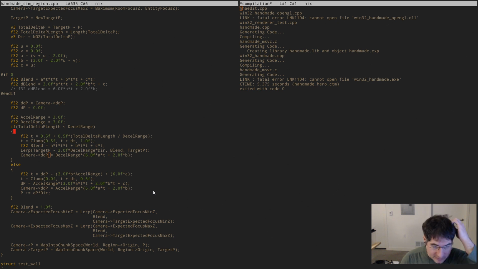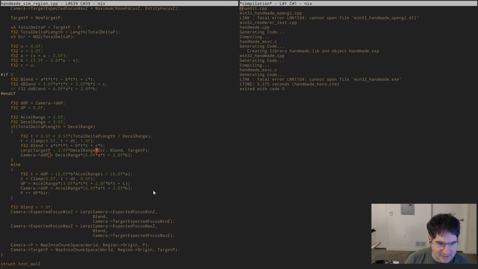So if we're within the deceleration range, we map the t so that the deceleration range is basically half of t. It goes from 0.5 to 1. Right. Then I want to lerp to the target p between these two things such that 0.5 is actually where we would start on this.